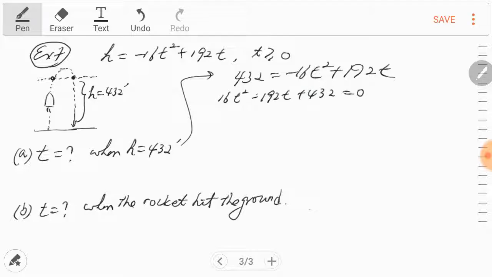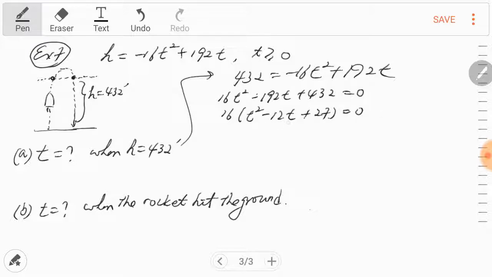And then divide by 16, or factor out 16. Then t squared minus 12t plus, 432 divided by 16, use a calculator, that should be 27, is equal to 0.